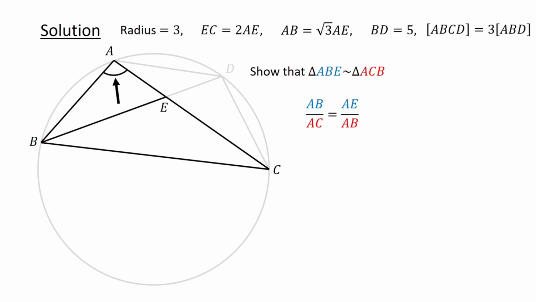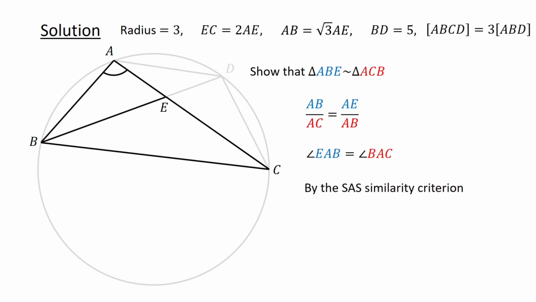Furthermore, this angle is common to both triangles. That is, angle EAB, which is the included angle of sides AB, AE of triangle ABE, equals angle BAC, which is the included angle of sides AC, AB of triangle ACB.